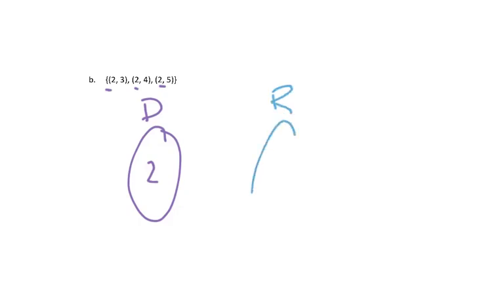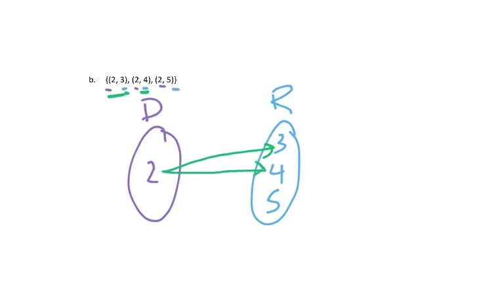Okay, so let's do this again. So domain, you can see that the 2 is listed 3 times. We're only going to list it once because if something's repeated, we don't list it more than one time. But the range is 3, 4, and 5. And in this first point, it says 2 is going to 3. And the next point says 2 goes to 4.